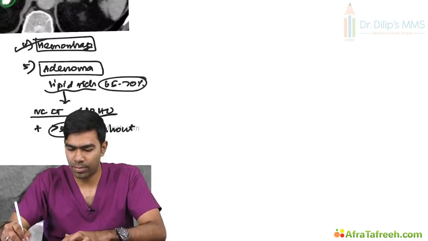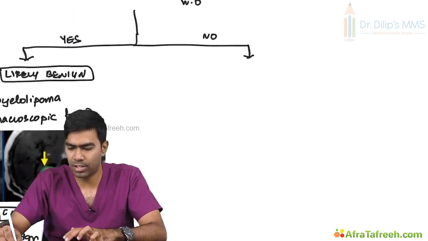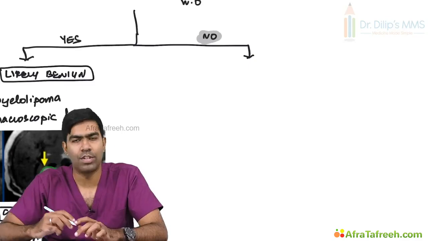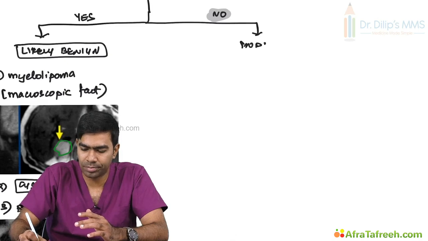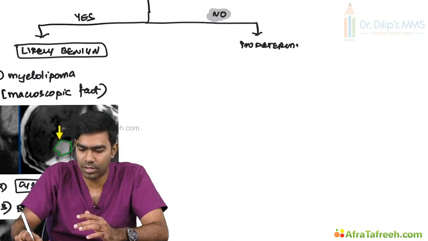But what if the tumor is not showing any benign features on radiology, which means its unenhanced density is more than 10 Hounsfield units, or the tumor is showing delayed washout, like less than 50% washout at 10 minutes. These lesions will be termed indeterminate lesions or lesions suspicious for malignancy.